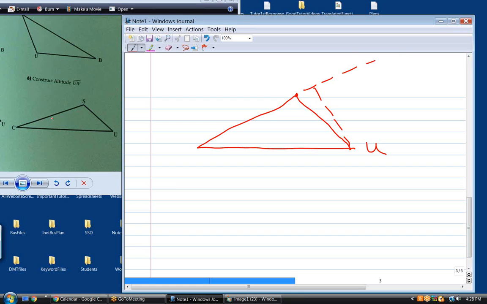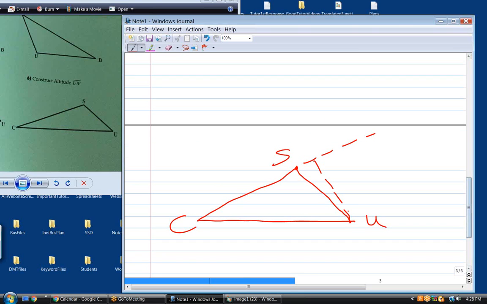So the only way I can construct it is to extend CS out with a dotted line, and then try to figure out how to draw an altitude to that extended line. Well, I'm going to do it exactly the same way I did it before.